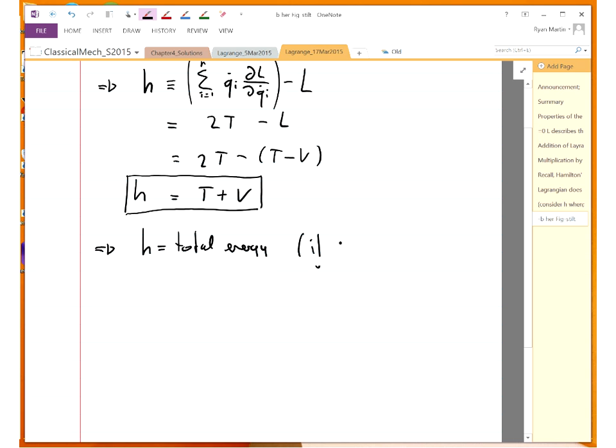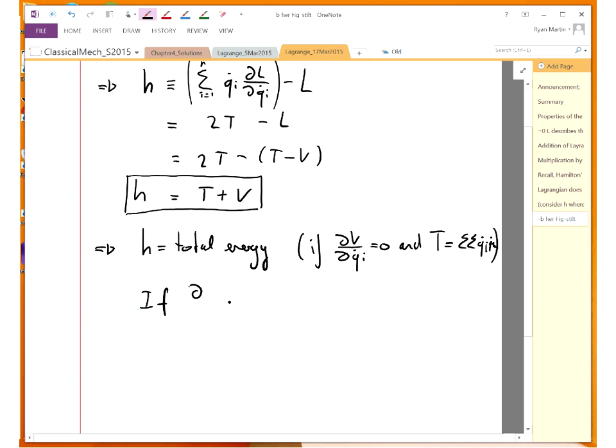Remember, that's if ∂V/∂q_i dot equals 0, and T is equal to that double sum. So if the potential energy doesn't depend on the velocities, which it usually doesn't, and the kinetic energy is quadratic in the velocities, which it usually is, then H is the total energy.